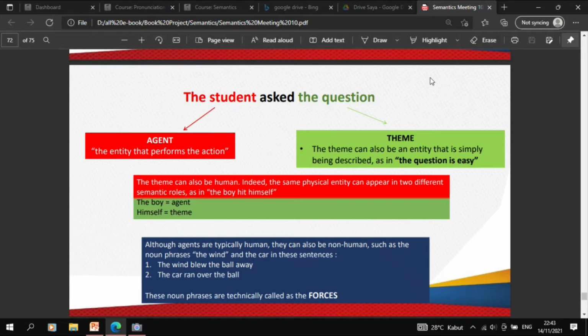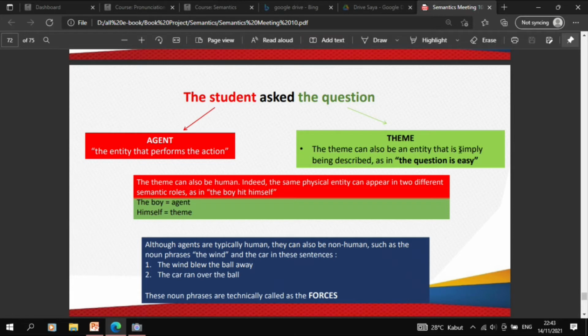Even the theme itself can also be the subject. Like this sentence: the question is easy. What is the question here? The question is not an agent, but it is the theme, because sometimes the theme, like this one, can also be an entity that is simply being described.